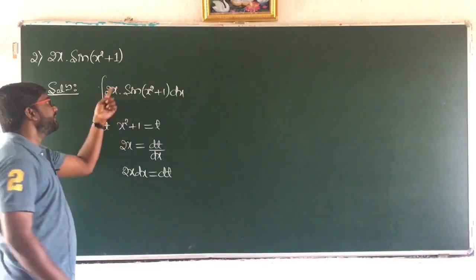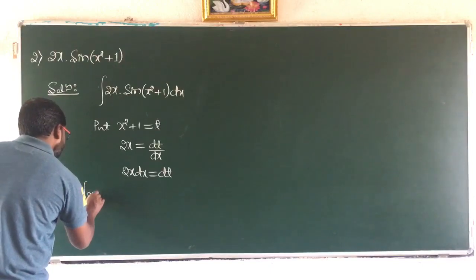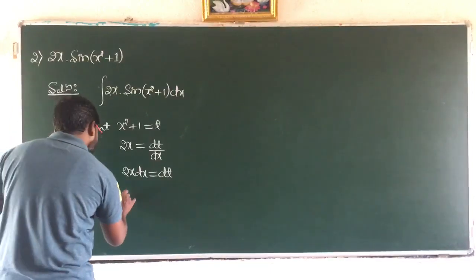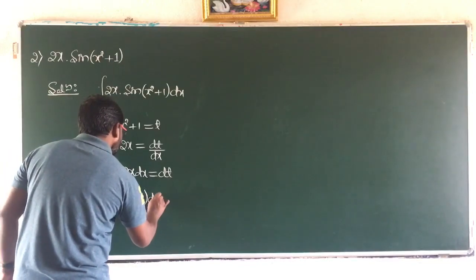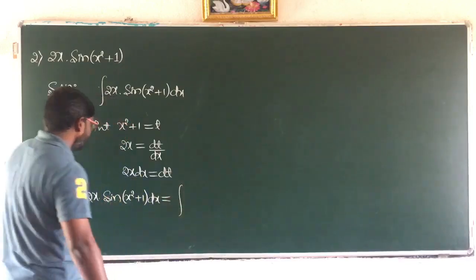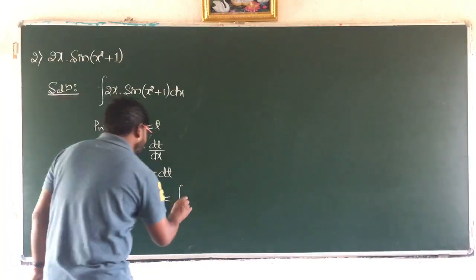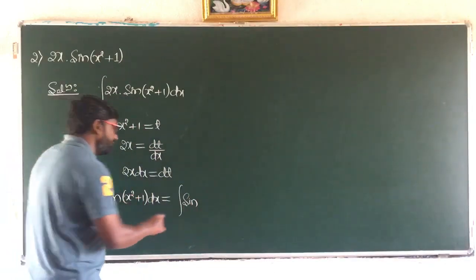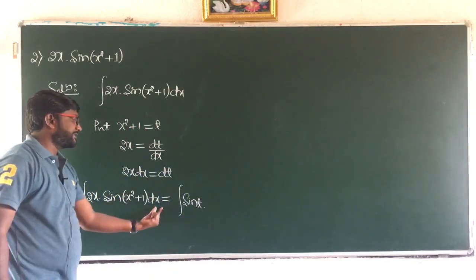So I rewrite the integral. Integral 2x into sine of x square plus 1 dx equals integral. So see here, 2x dx will be dt. I write sine as it is, then x square plus 1 will be t, sine t, then 2x dx will be dt.